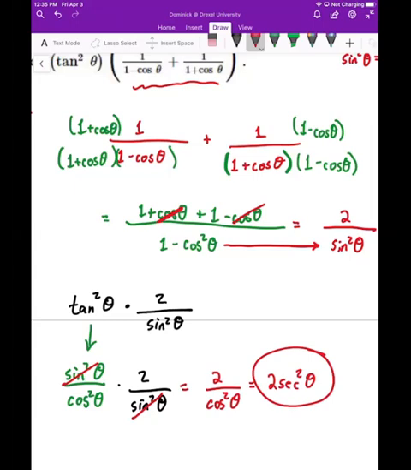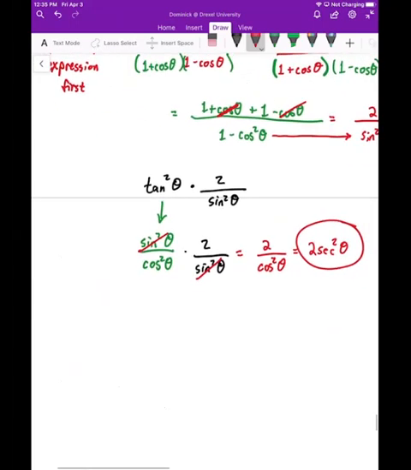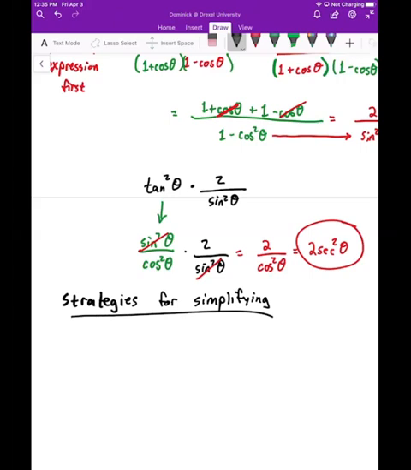Now in general, there's a couple strategies for simplifying. One thing you can do, as we did here, is add the fractions by finding a common denominator. Usually when you find common denominators, good things happen.